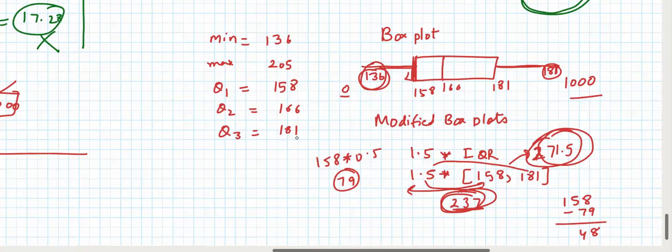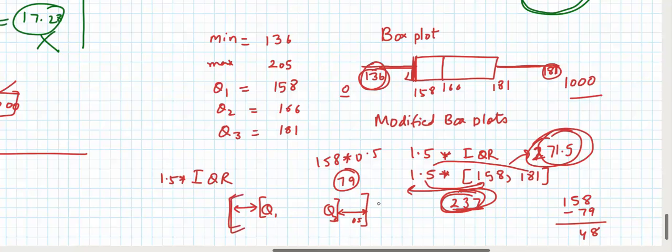So basically what I am saying is you have to do 1.5 of your interquartile range on both sides, right? So you have your IQR and you expand it by 0.5 beyond your Q3 value, and 0.5 beyond your Q1 value.